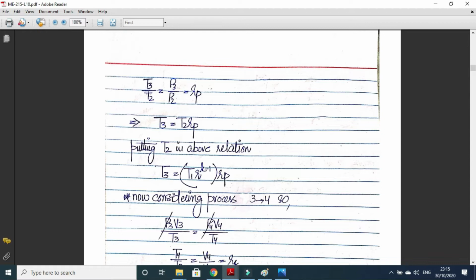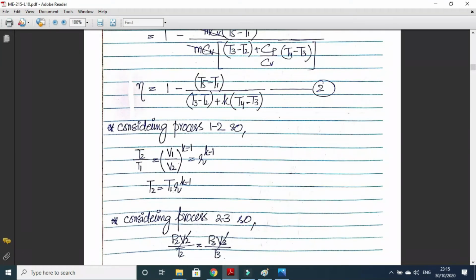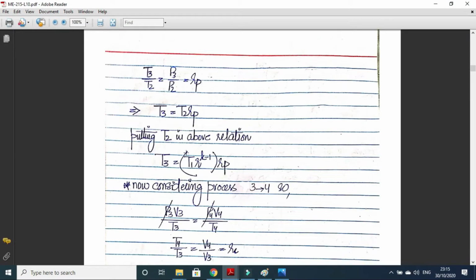So T3 upon T2 will be equal to P3 upon P2, and P3 upon P2 is the pressure ratio, which we discussed in the Otto cycle. So T3 will be equal to T2 Rp, and T2 we calculated in terms of T1, R and K. So we can put the value of T2 here: T1 R to the power K minus 1 Rp. So T3 is also represented in terms of T1, R, K and Rp.